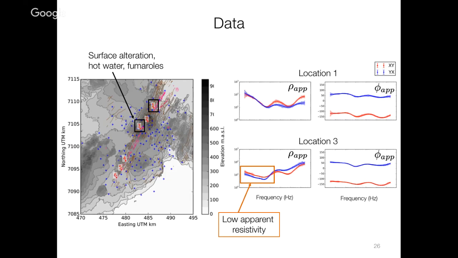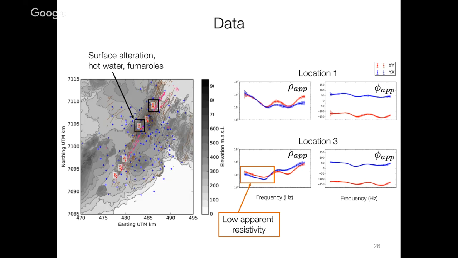In particular, 2. Here's station 1. What we see here, the blue is Ex over Hy, and the red is the other. Oh, sorry, the other way around. Anyway, it doesn't matter. Red is one direction, blue is the other direction.